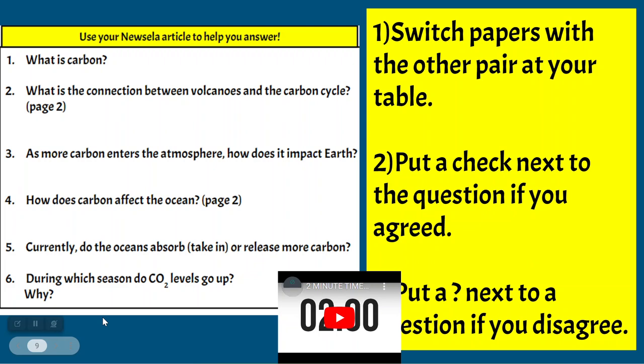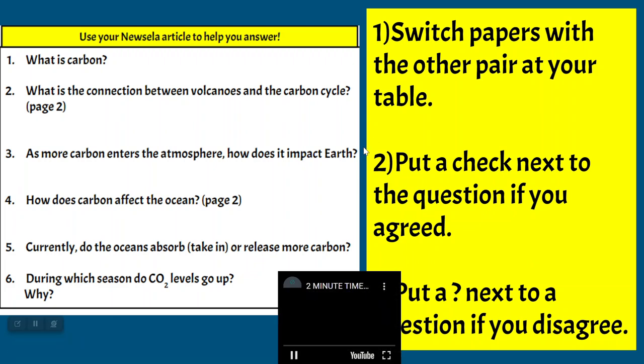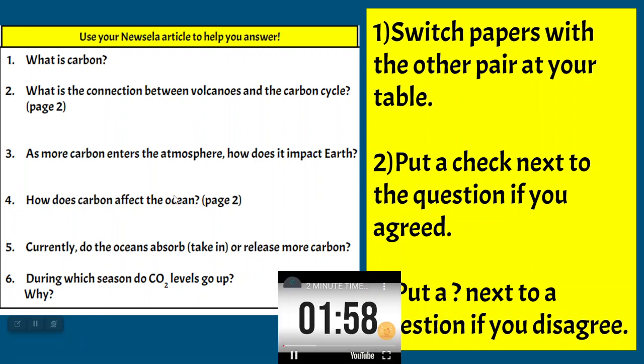So in an effort to make sure that we are collaborating, after each table filled out the answers to these questions, we switched papers, and each table then put a check mark if they agreed with the prior table's answers, or a question mark if they weren't sure or had a question about something. Okay, and so let's see if we can talk about these answers.